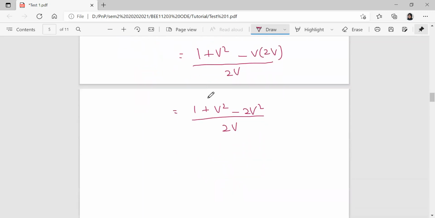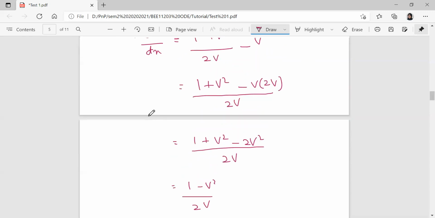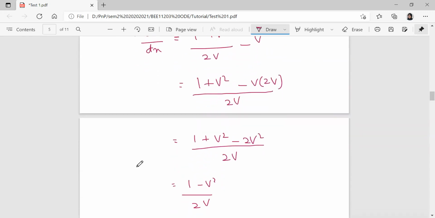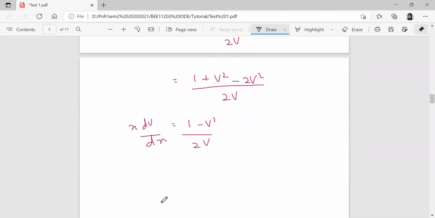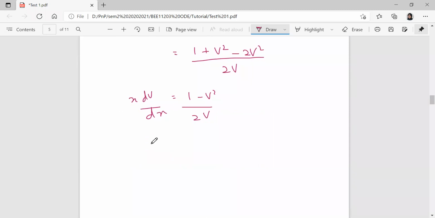We can simplify this one to 1 minus v squared divided by 2v. So x dv over dx equals 1 minus v squared over 2v. Now we can separate the variables: v on one side and x on the other side.